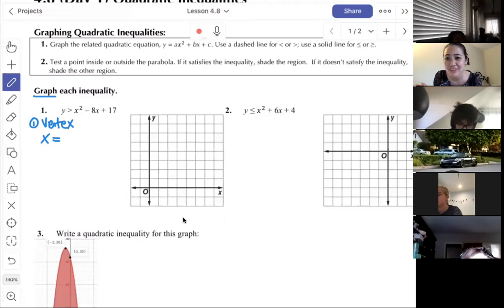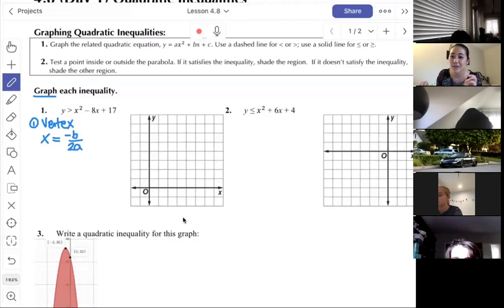Quadratic formula? Did you guys forget already? Is it negative b over 2a? All right, there we go, Mateo. So negative b over 2a. That is basically the part of your quadratic formula, except the plus or minus and the square root. So that's maybe an easy way to remember that formula, negative b over 2a.